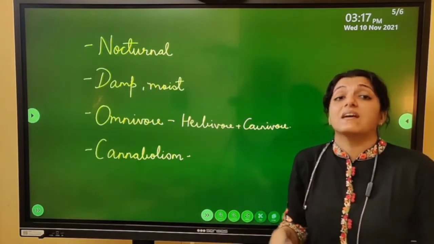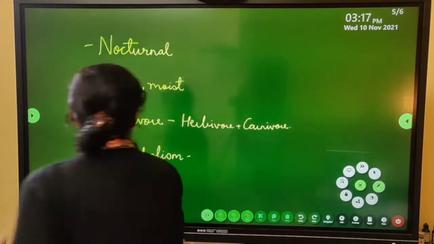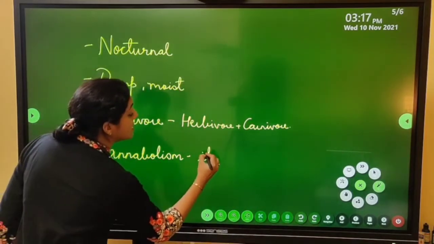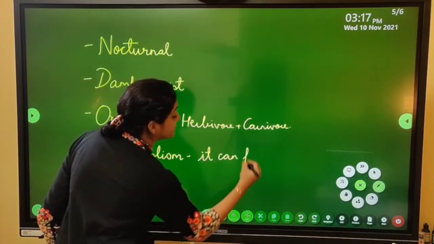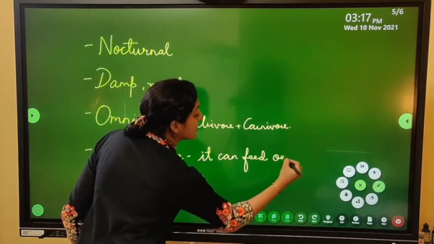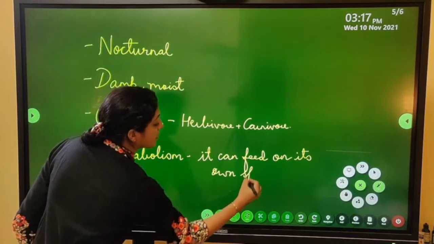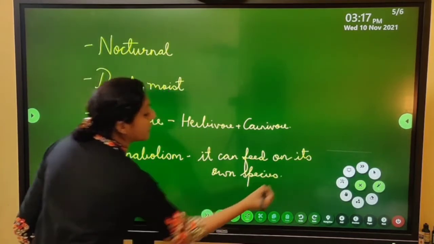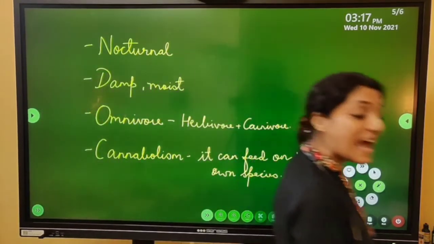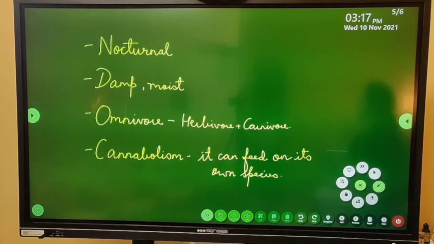It can eat its colleagues. So cannibalism means it can feed on its own species. That is cannibalism, which is the characteristic of cockroach.